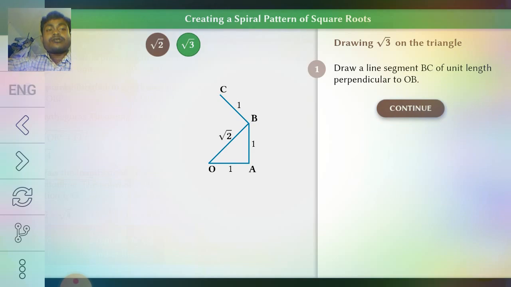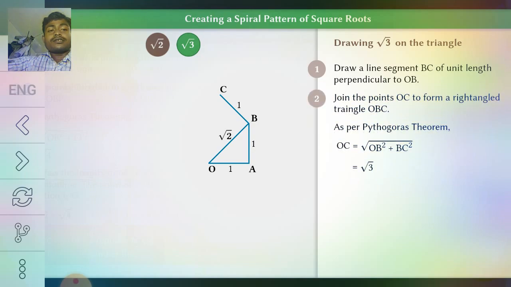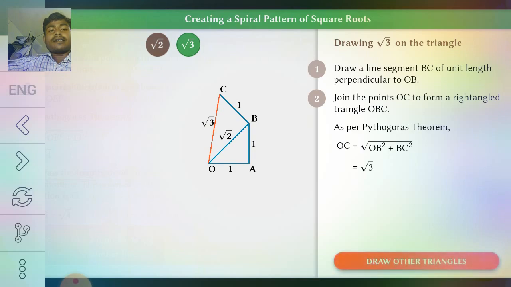Then you can also draw root 3 on a triangle. First of all, draw a line segment BC of unit length perpendicular to OB. Then join the points OC to form a right-angled triangle OBC.